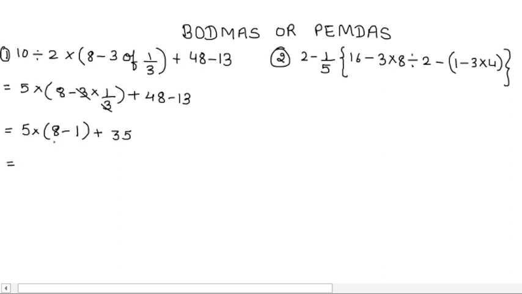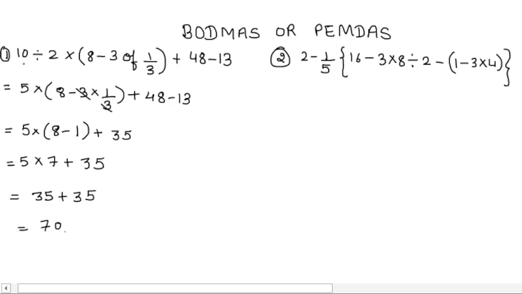Next, I solve the bracket. 8 minus 1 is 7, plus 35. Now I have multiplication and addition. So multiplication comes before addition. I'll multiply first. 7 5s are 35, plus 35, and I get 70 as my answer.